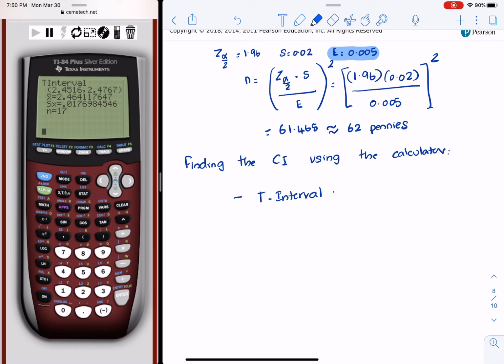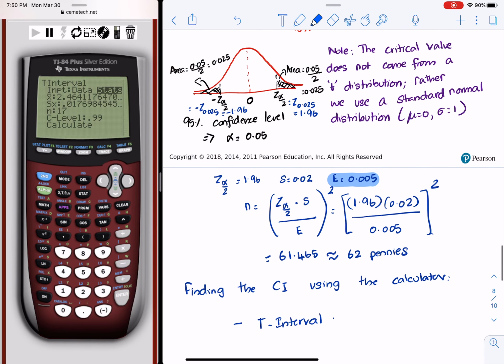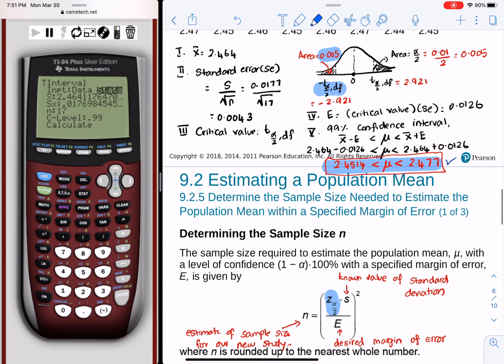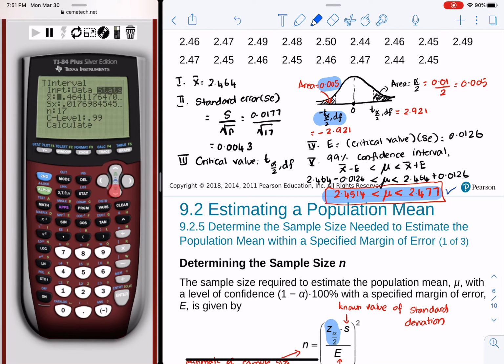We get the exact same answer, which is 2.4516 all the way up to 2.4767. Now, instead of simply using the data directly, we can use the statistics that we found. So in this problem, it is not necessary because we have that information, we have the sample, but if you want to, we can use the statistics.